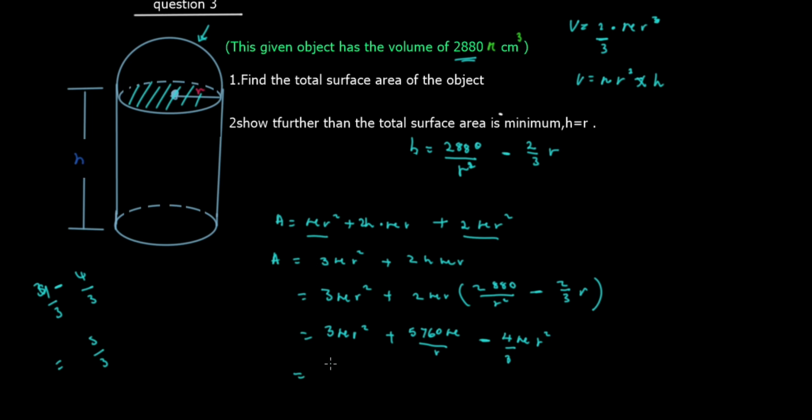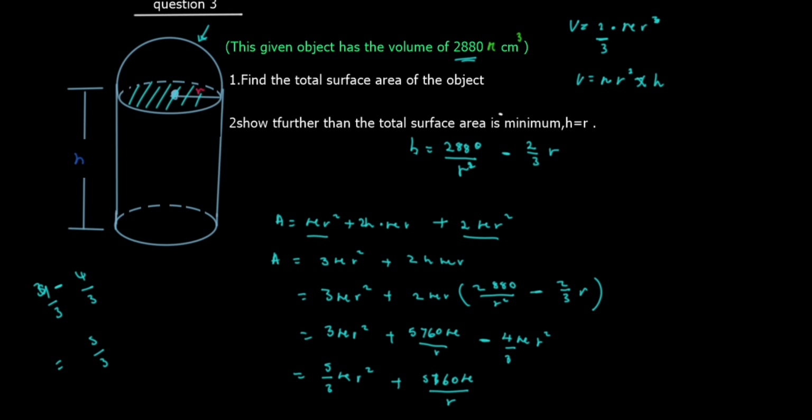So I shall say 5 over 3 pi r squared plus 5760 pi over r is the area. So I found the area in terms of r.